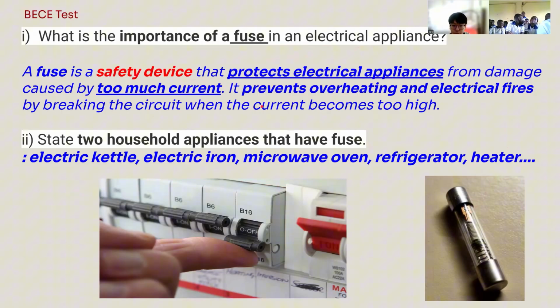So a fuse prevents overheating and electrical fires by breaking the current when the current becomes too high. And we have fuses in things like electric kettles, electric irons, microwave ovens, refrigerators, heaters, etc. That's what a fuse does. It provides safety by cutting out too much current.